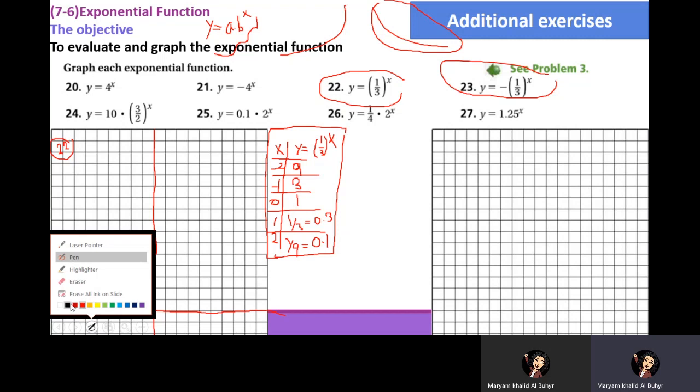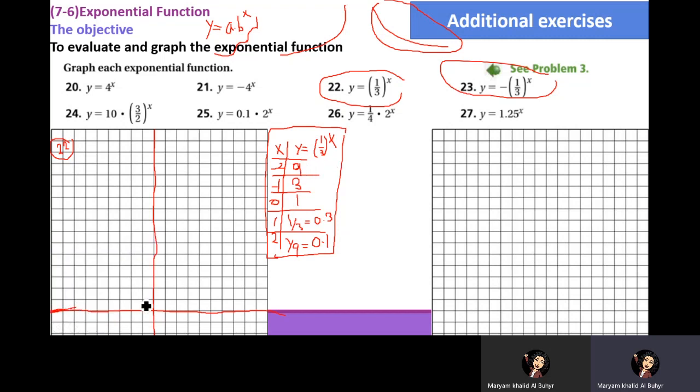So now let me sketch my points. The first one here, I have -2. I have here -1. I have 1 and I have 2. Once I have -2, it will be 9. So I'm going to calculate 9.